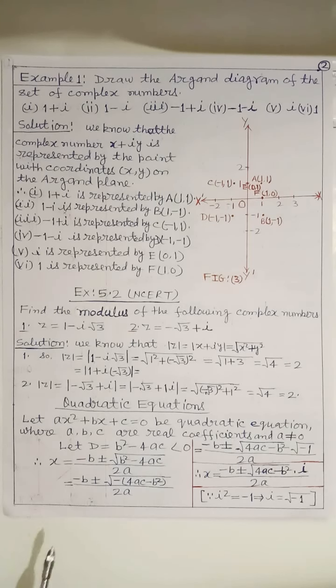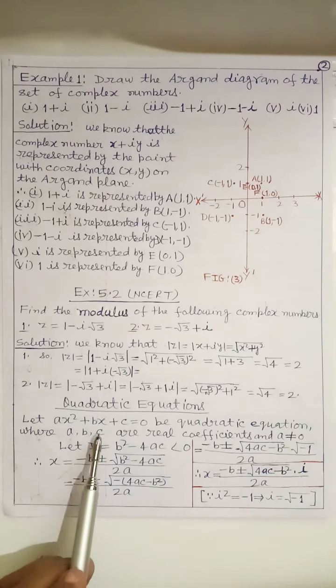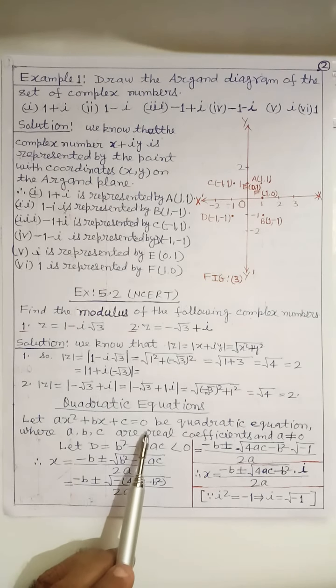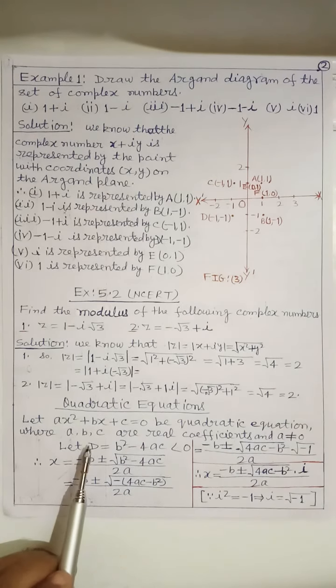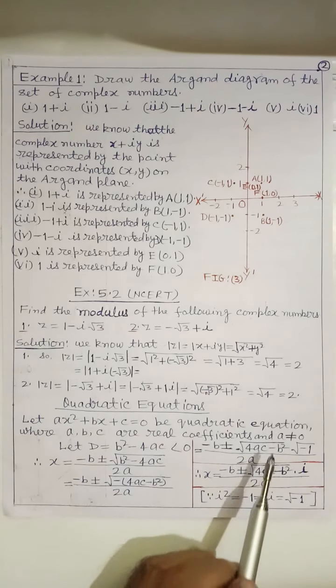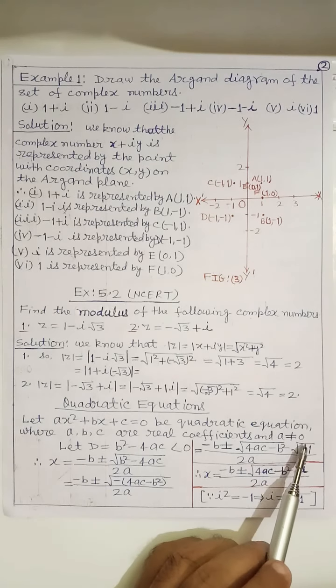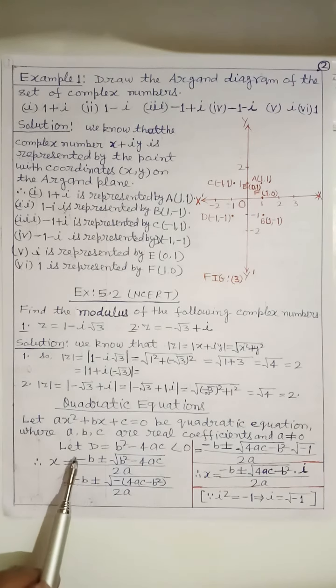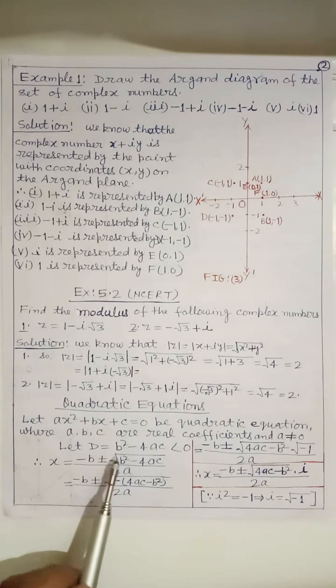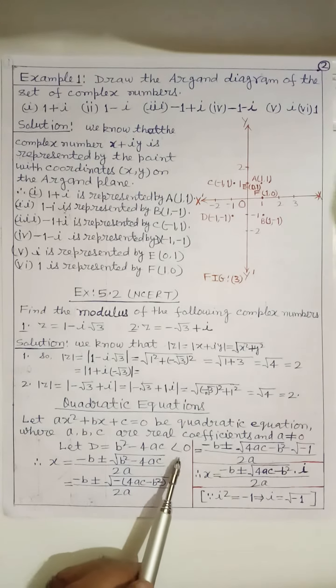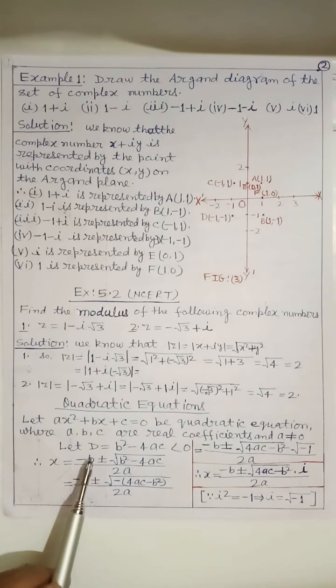Let us consider the quadratic equation ax square plus bx plus c equal to 0 with real coefficients a, b and c, where a not equal to 0. Let us assume D equal to b square minus 4ac less than 0. Dear students, here D is also called the discriminant.